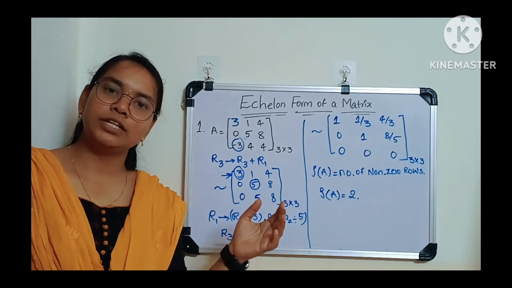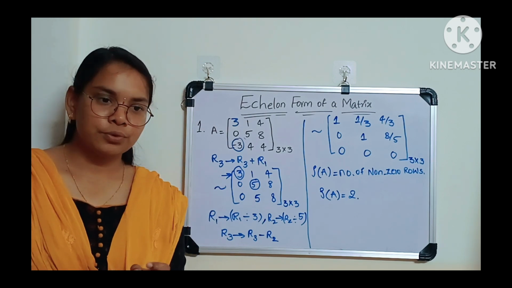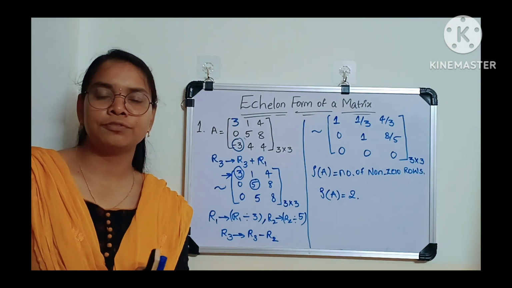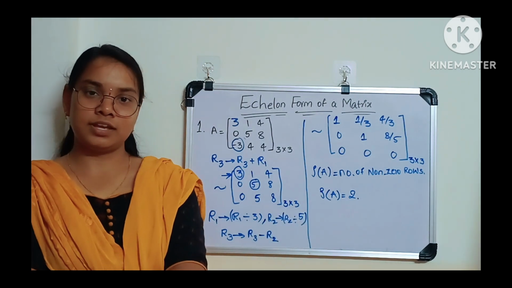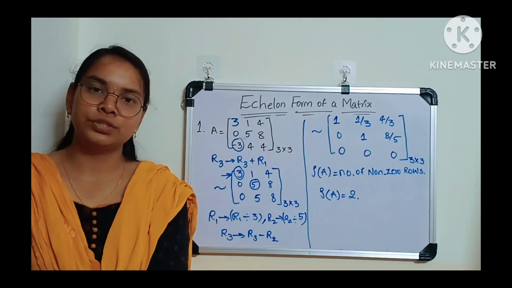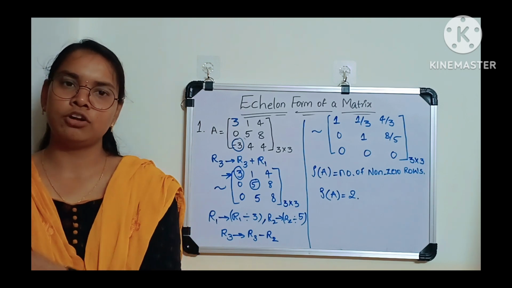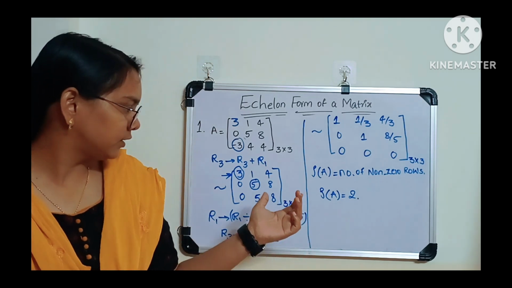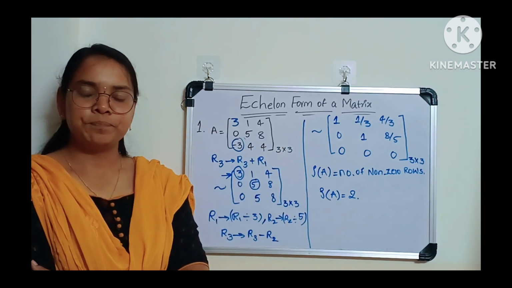So there are so many applications of matrices. If you learn these matrices, it will be helpful. These are the applications of matrices and where we can use them. If you want more examples, you can go through the internet, where you will get a lot of examples. And in this way you can find the rank of the matrix using the echelon form of a matrix.